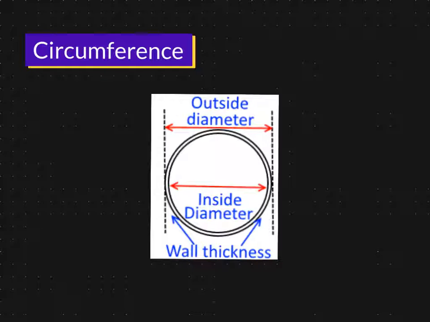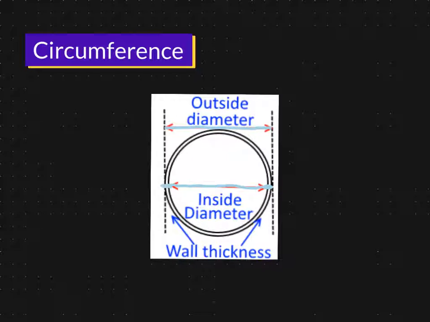And which diameter do you have? Do you have the inside diameter, which is the diameter of the hole? Or do you have the outside diameter, which is the inside diameter plus the thickness of each of these walls?